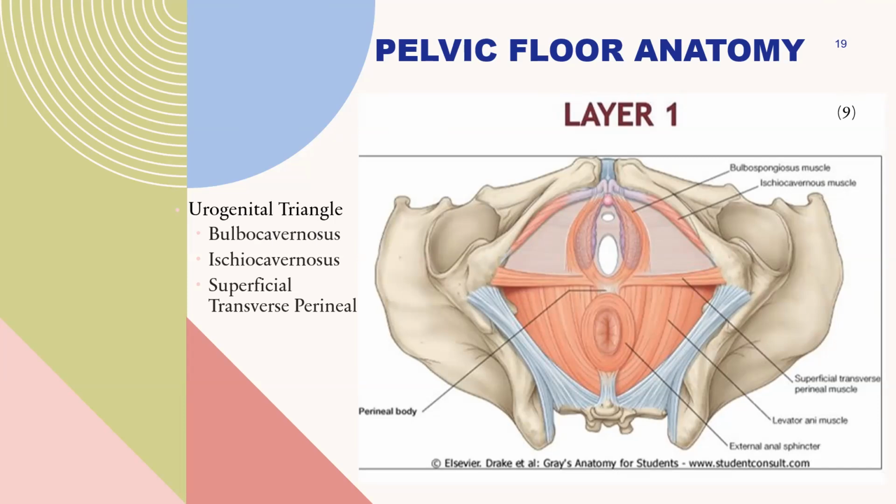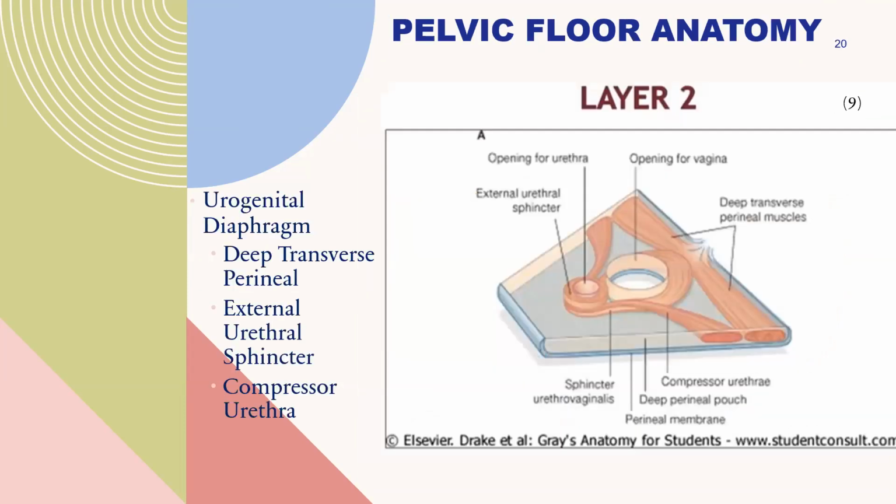In layer 2, we have what is called the urogenital diaphragm. This is just one little layer deeper than layer 1. And this includes the deep transverse perineum, which again runs across the pelvis, connecting those two sit bones, and it's just below its sister muscle, the superficial transverse perineum.